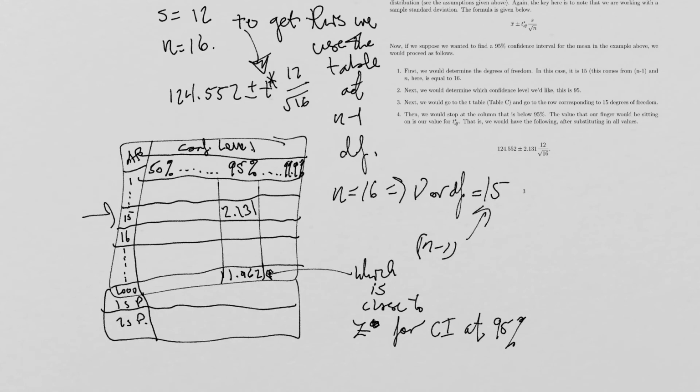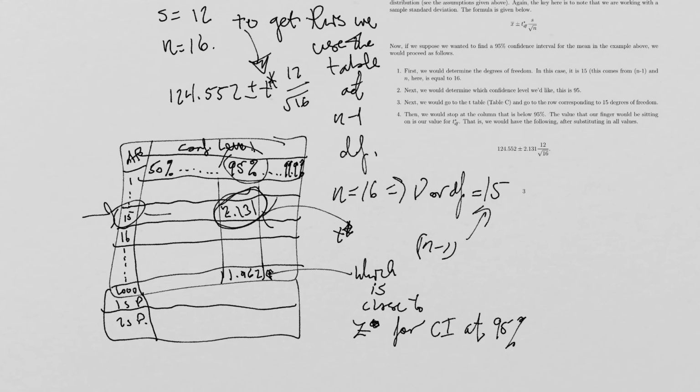So what we found right here is this 2.131, and that's going to be our critical value, t star. That's it, you're done. No fancy doing anything. You just find your confidence level, find your degrees of freedom, boom.